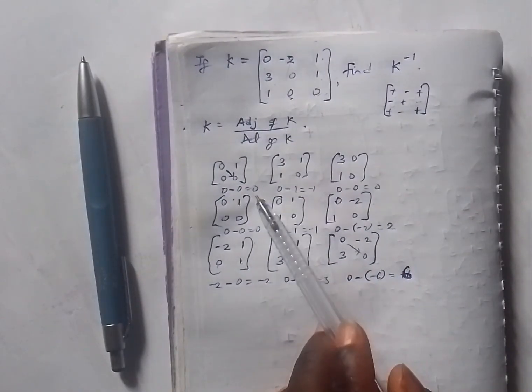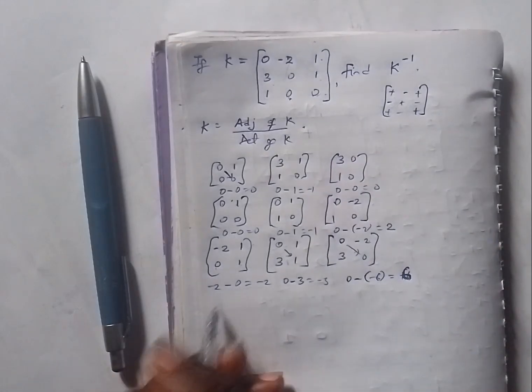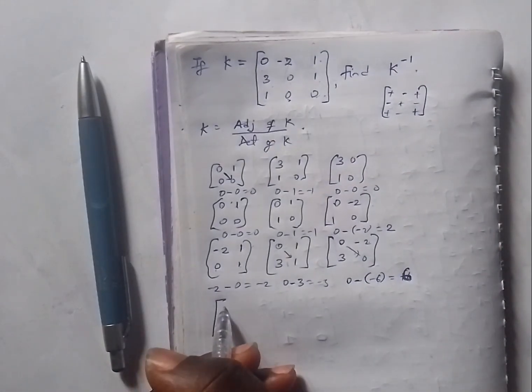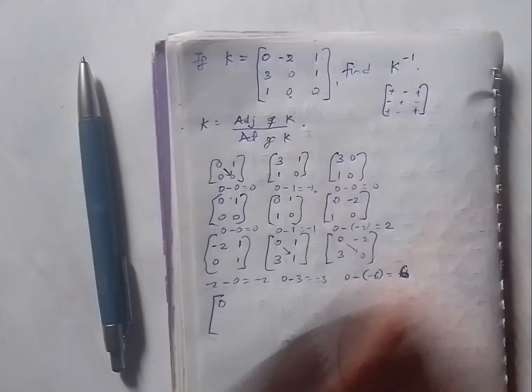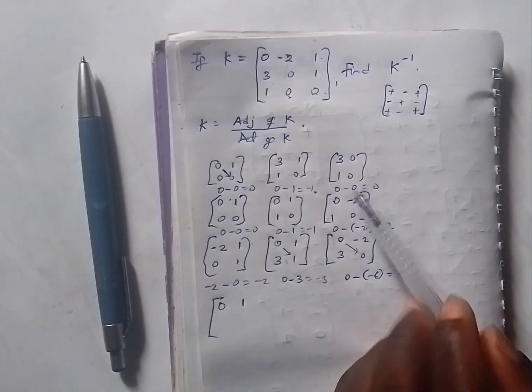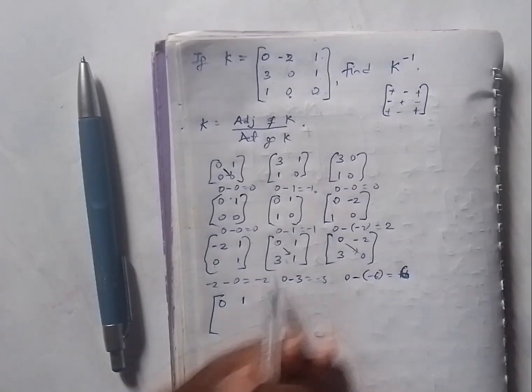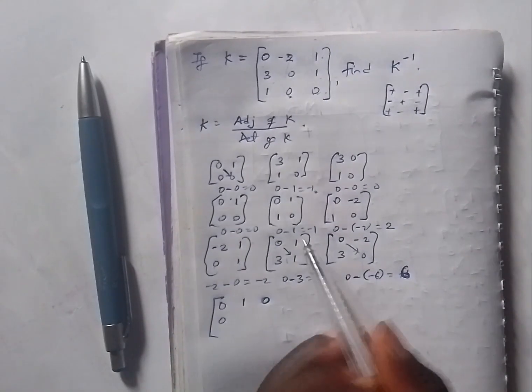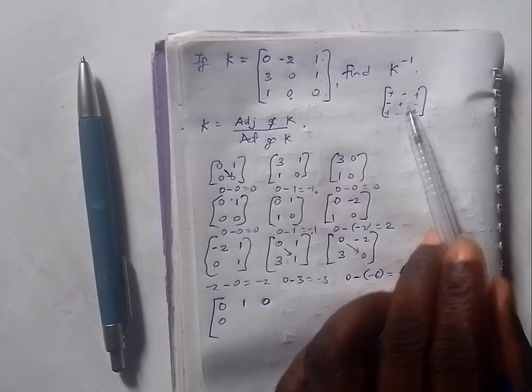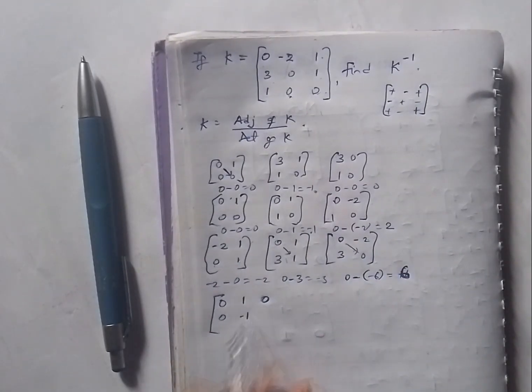Now the first value here is 0. The sign is positive, but 0 is neutral, so you just write a 0. Here that is minus 1. You multiply minus 1 by this minus, and that will be a positive 1. Here that is 0. You don't need to add any sign, it's always neutral. Minus 1 and plus will give you a minus 1.